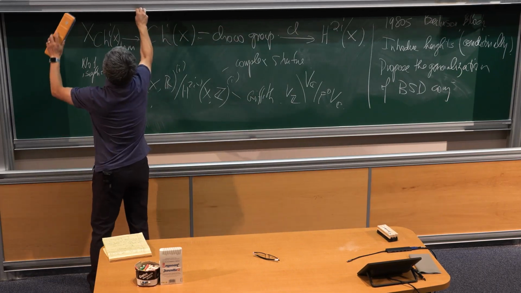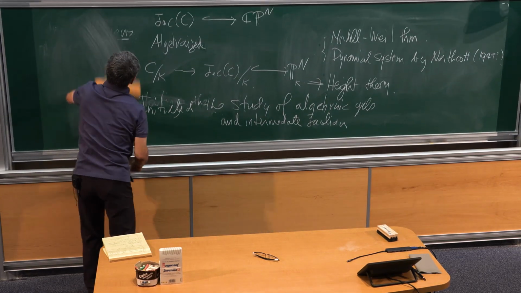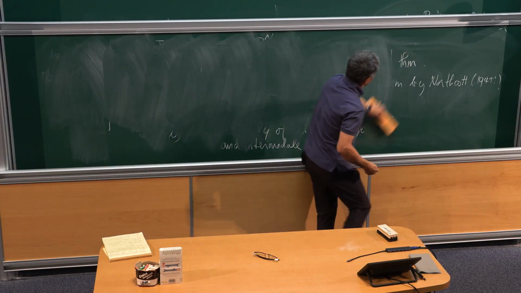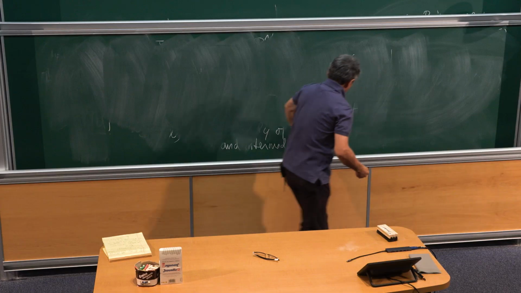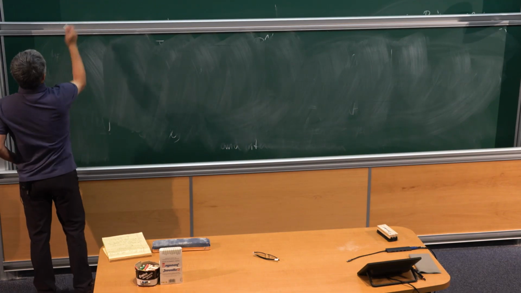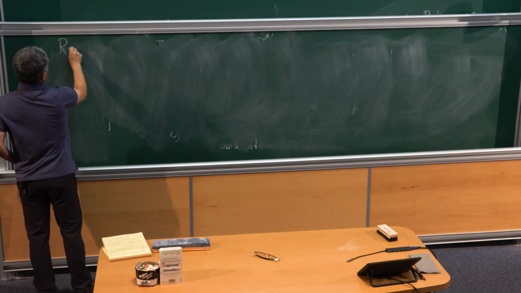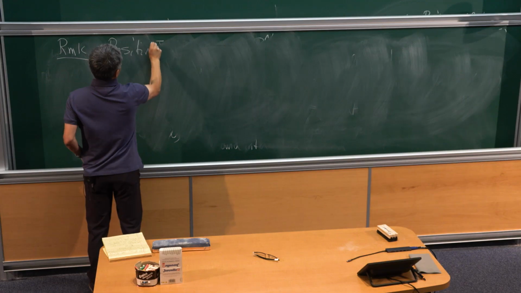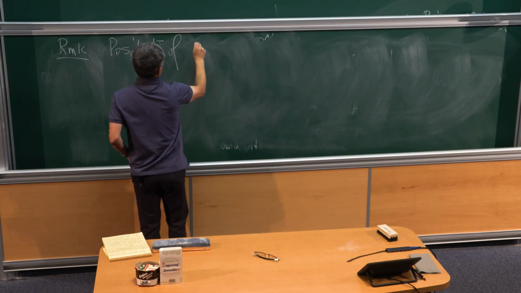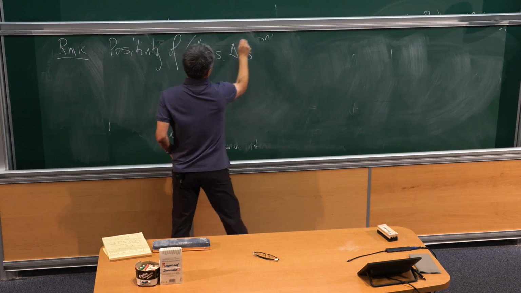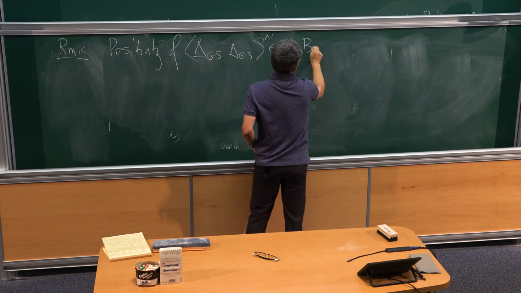So anyway, it gives you two things. That is the upper bound. Okay, so there's the positivity of this Gross-Schoen cycle, which is related to the Bogomolov conjecture.